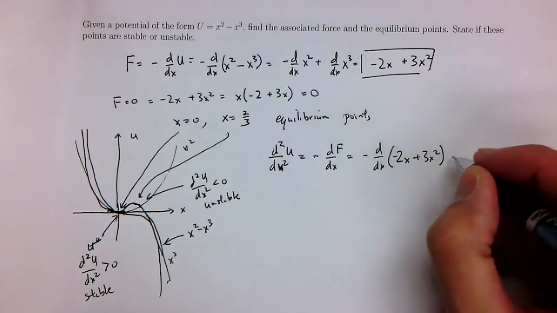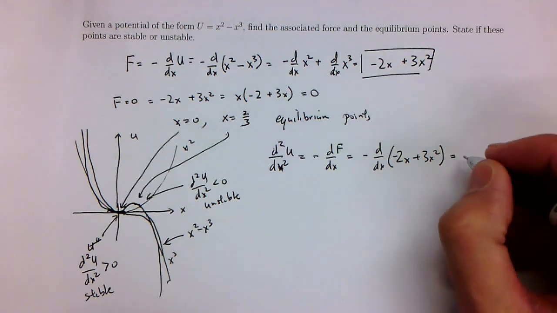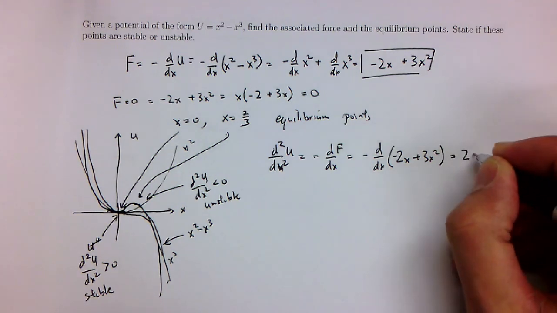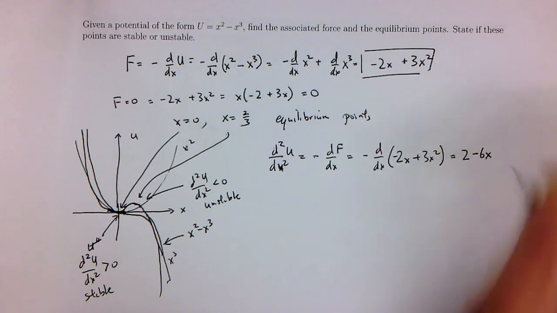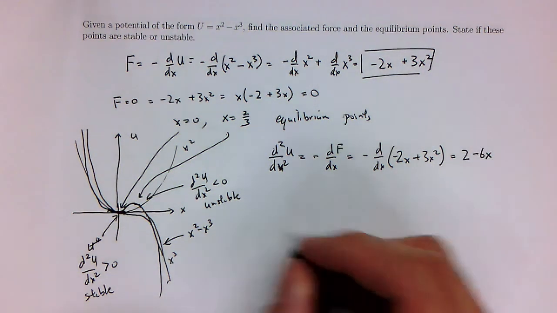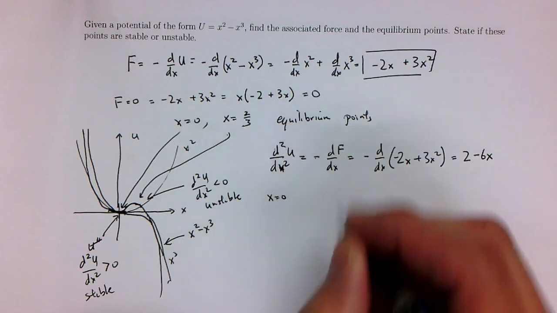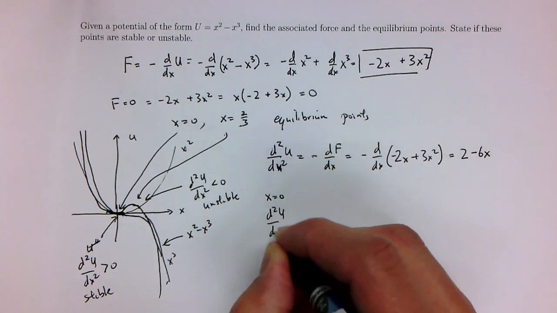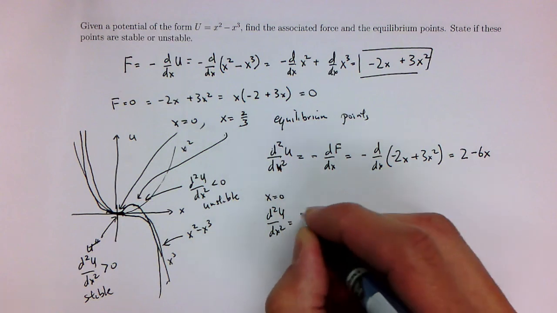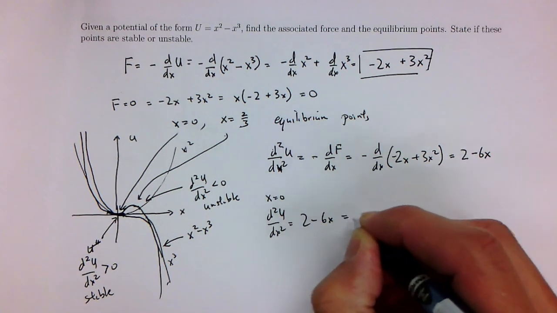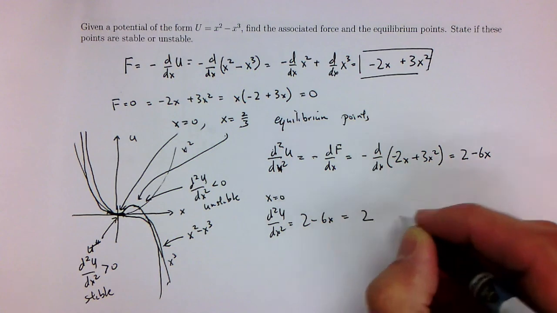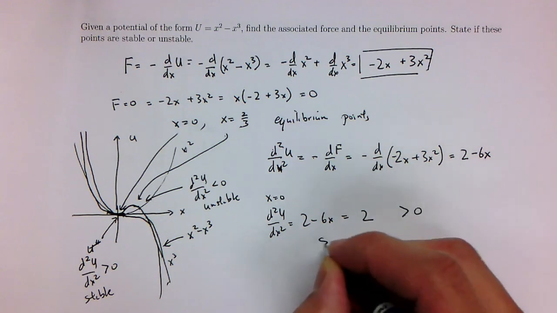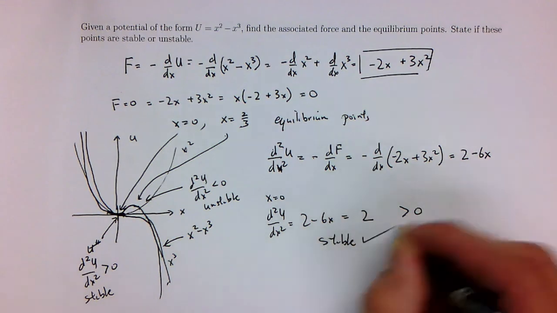So this is going to be equal to 2 minus 6x. All right, that's very nice. So let's go x equals 0. That's the point. Then d squared u dx squared is equal to 2 minus 6x, which is equal to 2. So this is greater than 0. So this is stable. Okay, check.